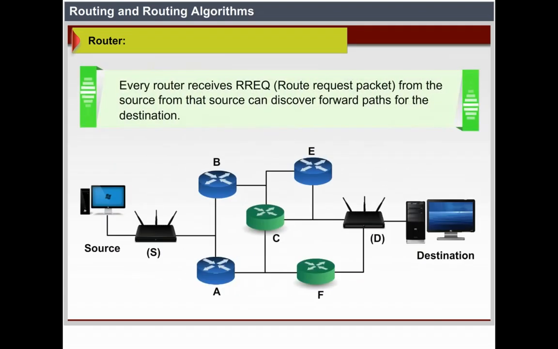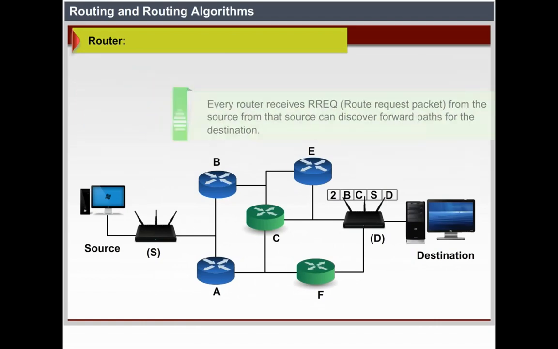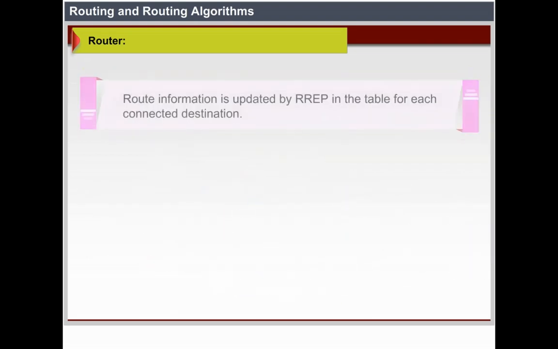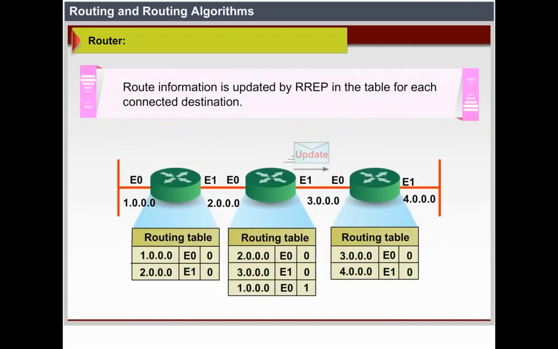Each router receives RREQ, route request packet, from a source so the source can discover forward paths for the destination. Router caches the RREP, route reply packet, from reverse paths from destination. Then it updates the route information in the table for each connected destination.